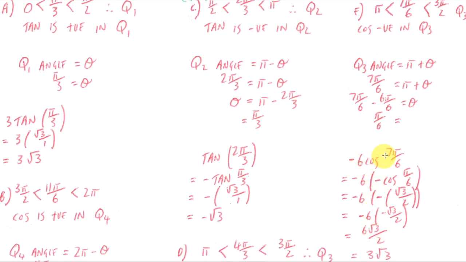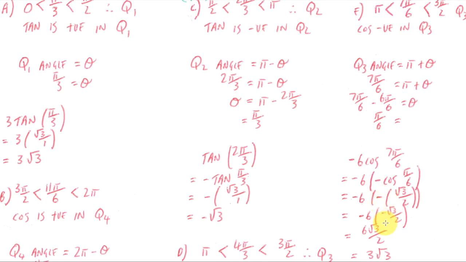Negative 6 lots of cos of 7 pi on 6 is going to be the same thing as having negative 6 lots of negative cos of pi on 6. So cos of 7 pi on 6 is the same thing as taking cos of pi on 6, but the negative of that. Using exact values, cos of pi on 6 is the same thing as the square root of 3 on 2, and I want the negative of it.